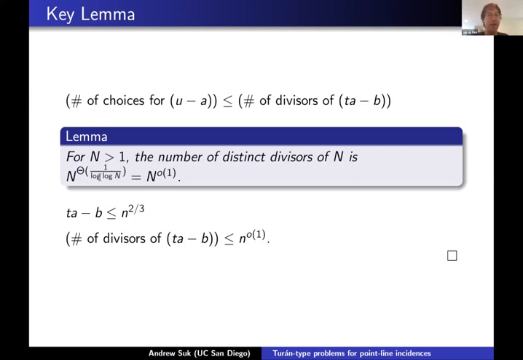So if you really care about the little o(1), I'm just wondering if you looked into doing this at all, or if you care. No, yeah, we thought about it, but when we wrote the paper, we thought it was cleaner this way. But yeah, no, I mean, we didn't fight for it so much. Okay, thanks.